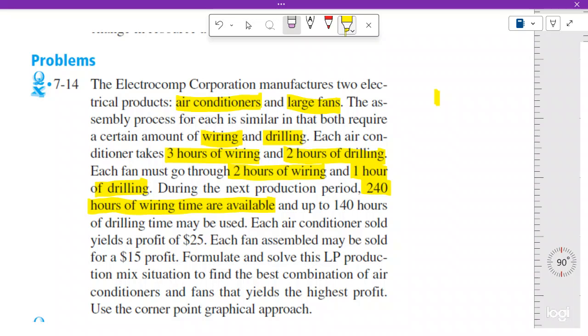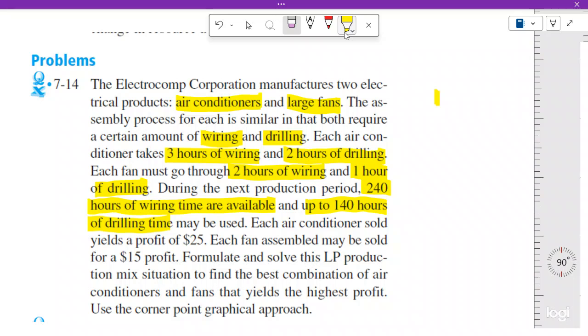And then 140 hours is available for drilling time, meaning for both the air conditioner and the fan. Can you exceed the 140 hours? Ultimately you can see that you cannot exceed, so it needs to be less than or equal to.